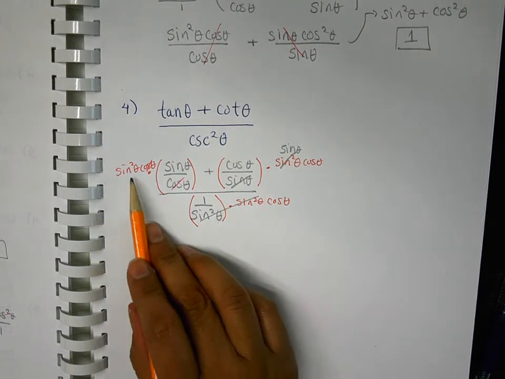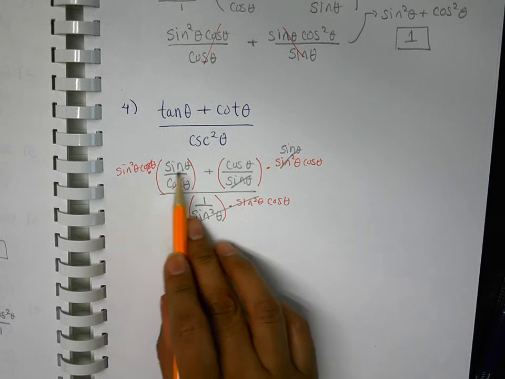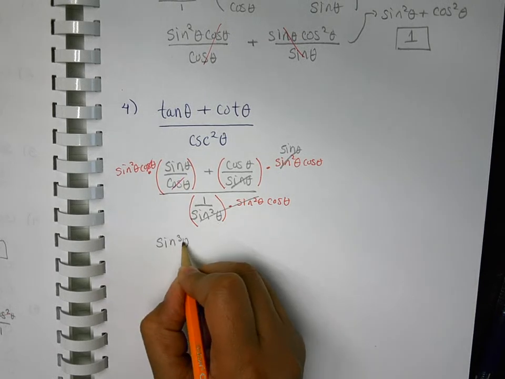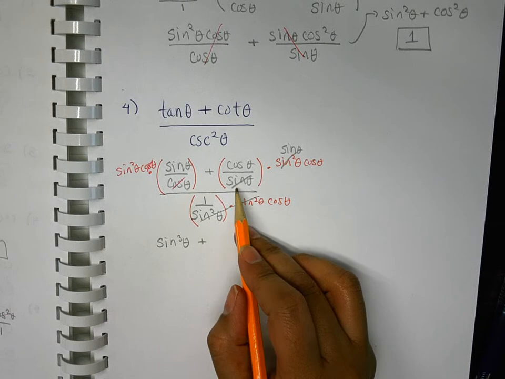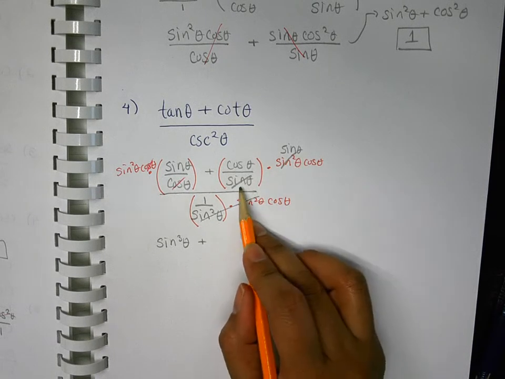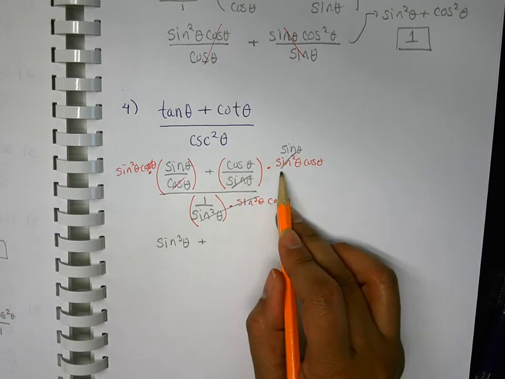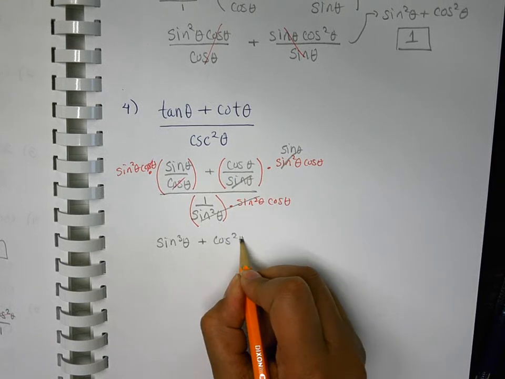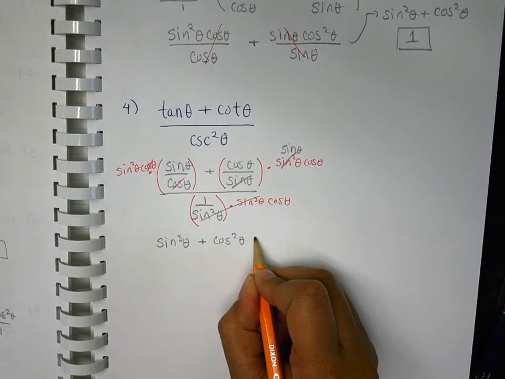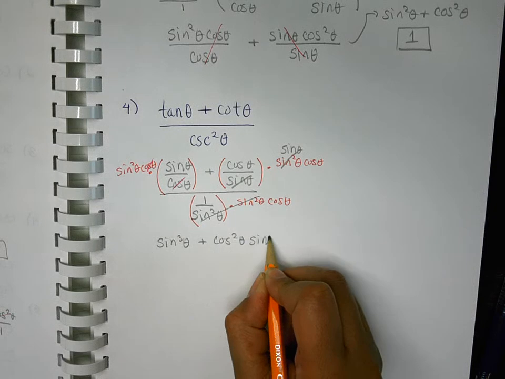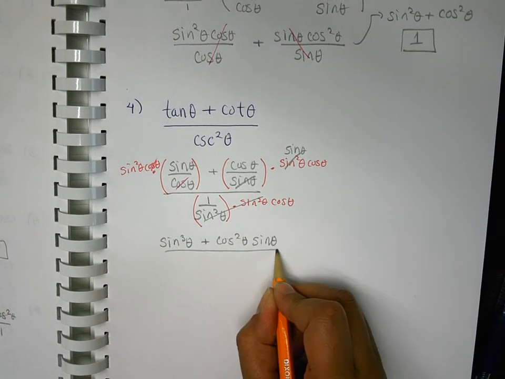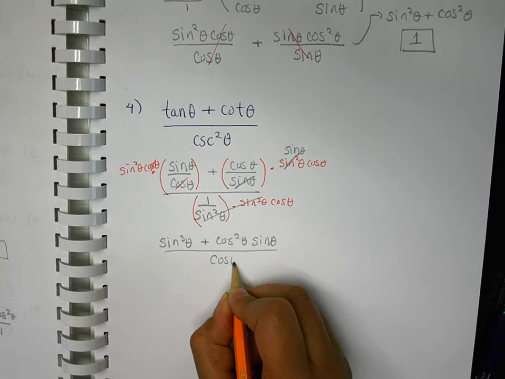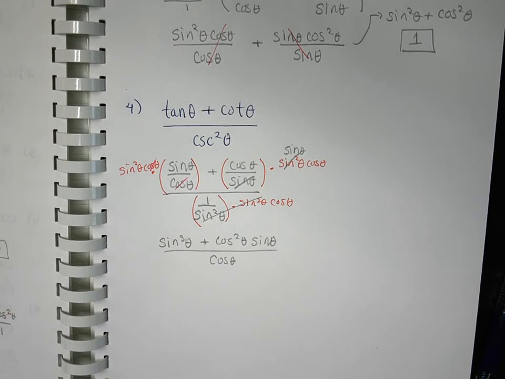Sine squared or sine cubed? Sine cubed theta plus, let's see, one of the sines reduced, and I'm left with cosine squared what? Is there a sine left as well? Yeah, there is a sine, okay, all over what? Cosine theta.